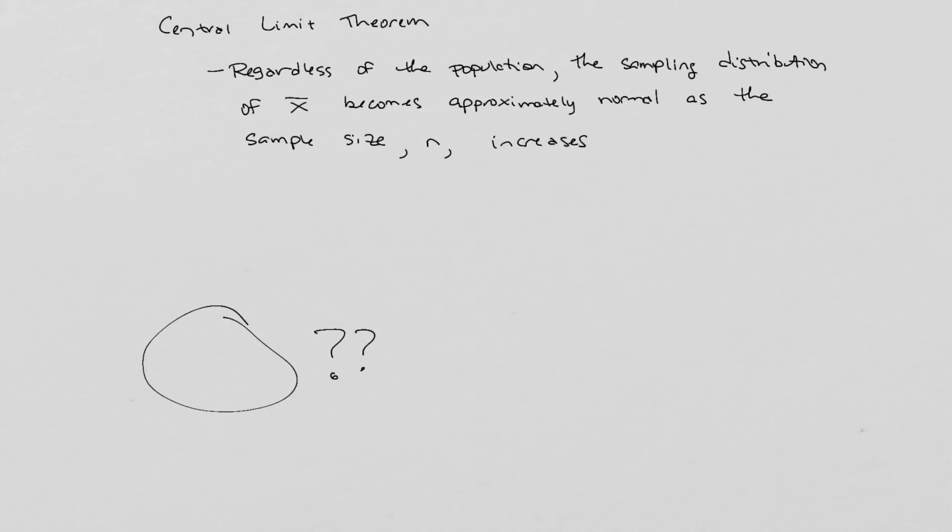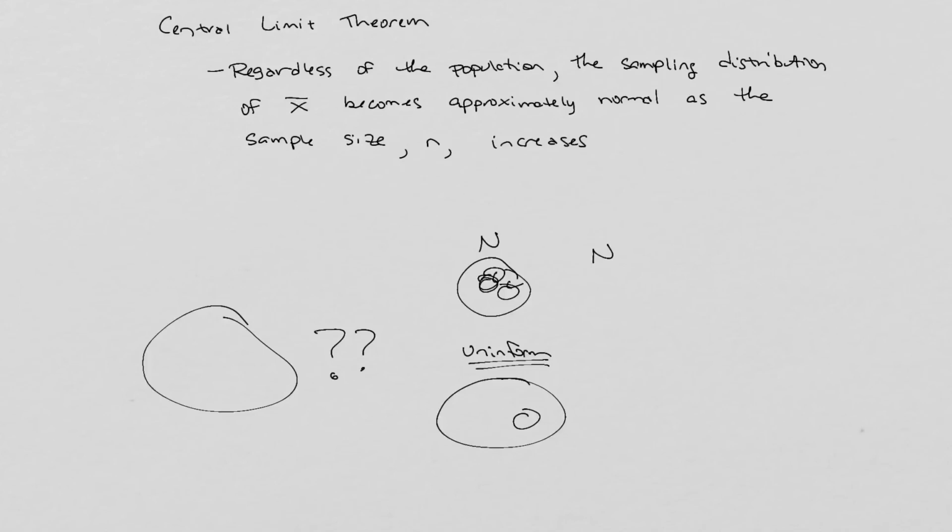It says regardless of the underlying population, the sampling distribution of x bar, our sample mean, becomes approximately normal as the sample size increases. So if we start off with something that's already normal, then when we start pulling out our samples, it's automatically normal. But let's say I start off in the uniform distribution. Then if I pull out one sample and take its average, it's not necessarily going to be normal.